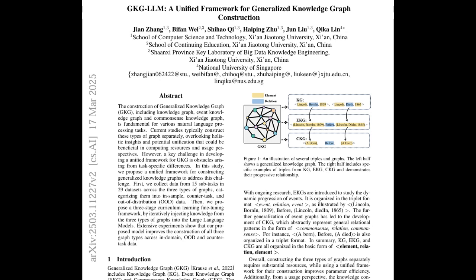Exactly. And then there's joint entity and relation extraction, where you're trying to identify both the entities and their relationships simultaneously. Okay, so that sounds even more challenging. And those are just the tasks for building KGs. What about EKGs? EKGs come with their own set of challenges. You have sentence-level event detection, where you first need to determine if a sentence is even describing an event.